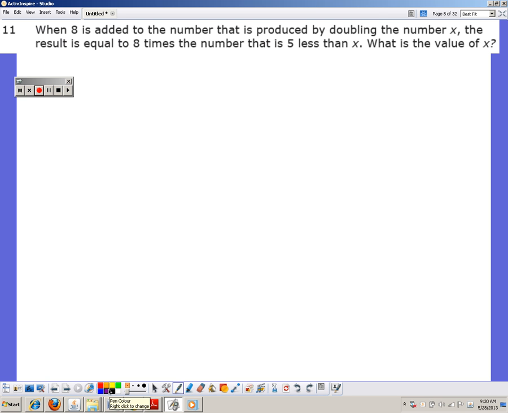When 8 is added to the number, so we have plus 8, that is produced by doubling the number x. So we need to double x. So that means 2x.